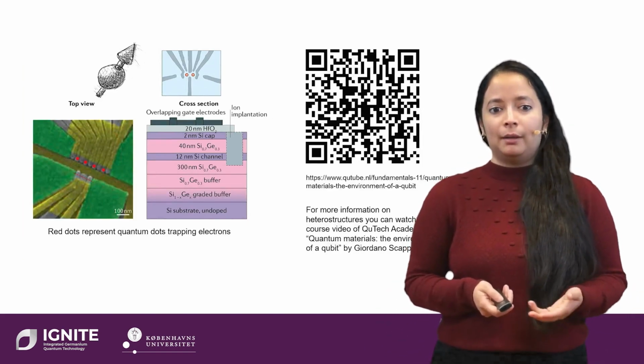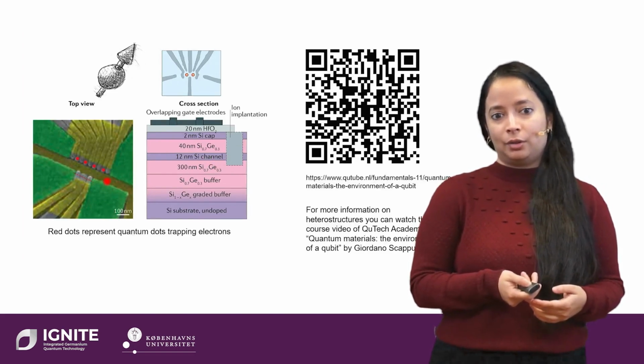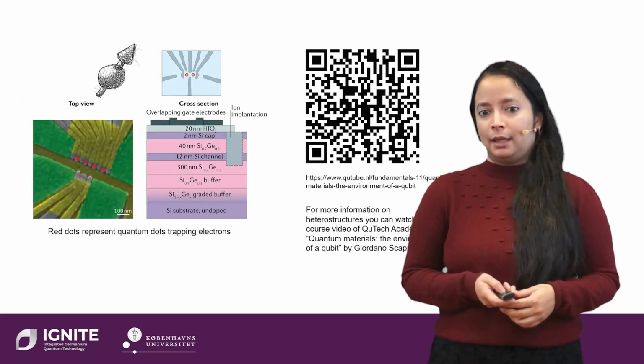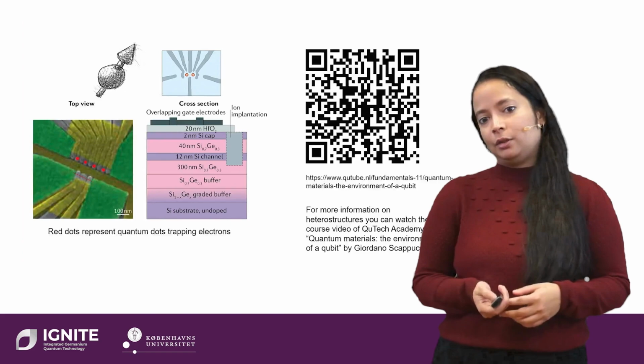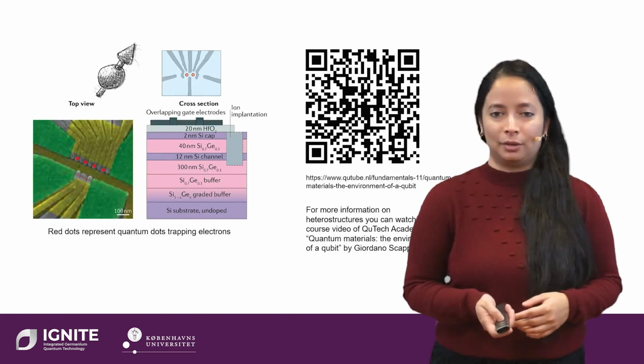And how do you shape them? Well, one of the things you can do is make gates on top, which you can see via this top view picture. And I'll say a little more about that. For more information on heterostructures, you can watch the course video made by Giordano Scappucci.